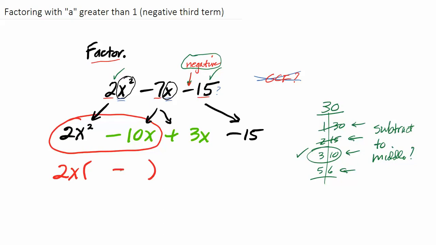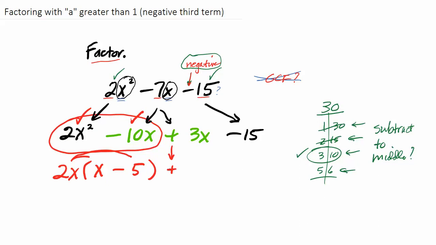Let's see. That's going to be an x, and that's going to be a 5. Let's double check. Does 2x times x give me 2x squared? Yes, it does. Oops, sorry. Again, I'm learning this new Wacom pen. Does 2x times negative 5 give me negative 10x? Yes, it does. Great. I'm going to copy the plus.